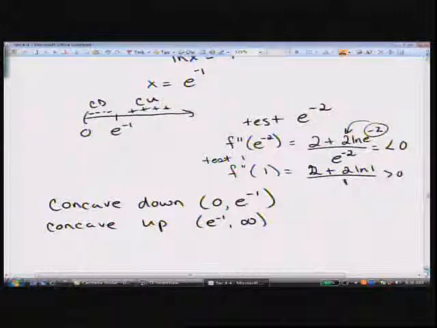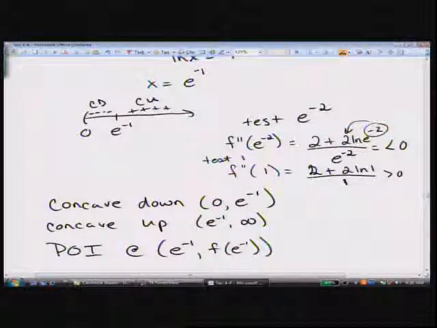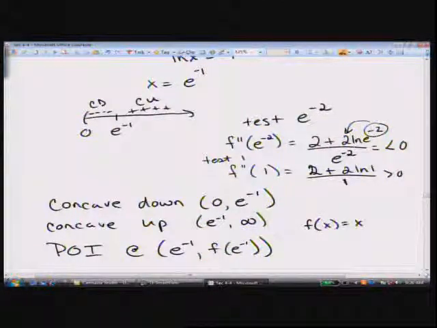And so I will say that I have a point of inflection at the point e to the negative 1, comma, f of e to the negative 1. So I have to put e to the negative 1 in the original function. The original function was x ln x squared. Remember, f of x was x ln of x squared.